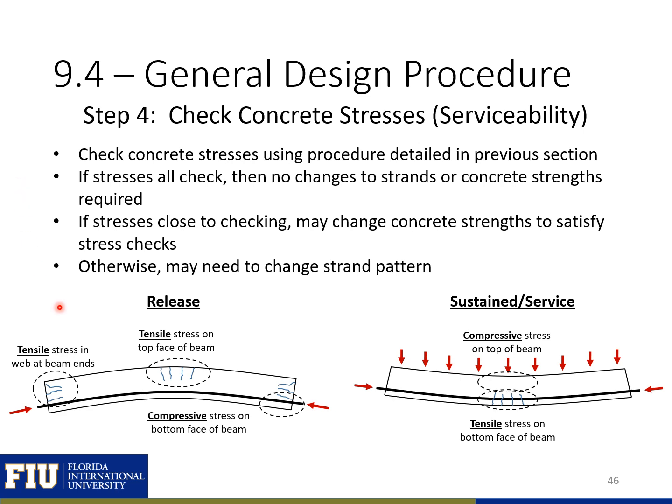Typically we'll need to check at release, and then we'll also need to check our stresses due to both sustained and service loads. At release, typically tension in the top of our section at the ends and at midspan will control, or compression at the ends of our member may control. These are the three that we would primarily need to check, although we are responsible for meeting our stress checks along the whole length of the beam.